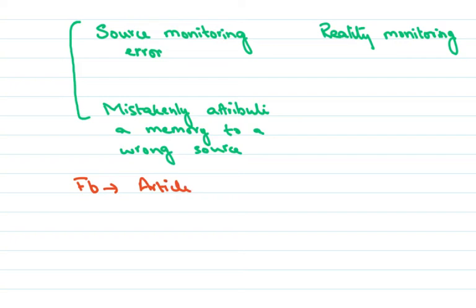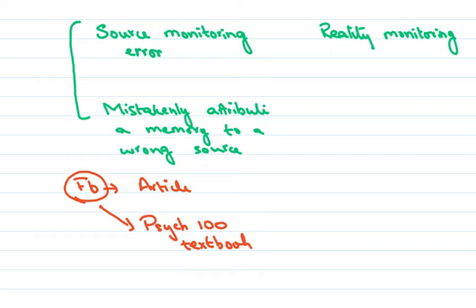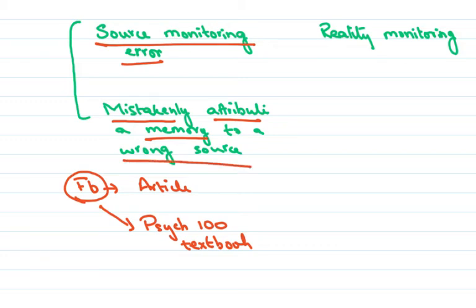But you mistakenly believe that you read this piece of information inside your Psych 100 textbook. So this is basically a source monitoring error: you mistakenly attributed this memory that you have, an article that you read, to the wrong source. You originally read it on Facebook, but you mistakenly thought that you read it in your Psych 100 textbook. So this is what we call a source monitoring error.